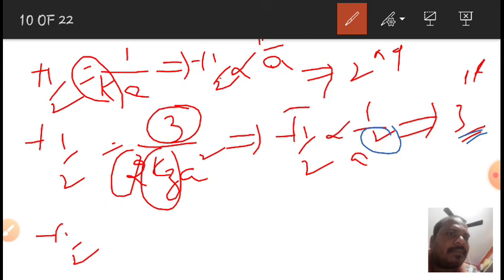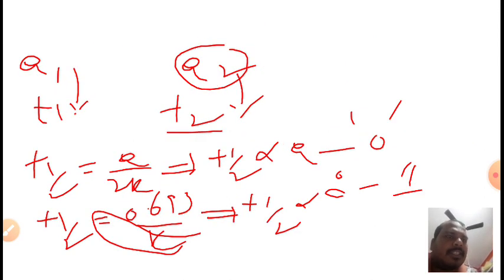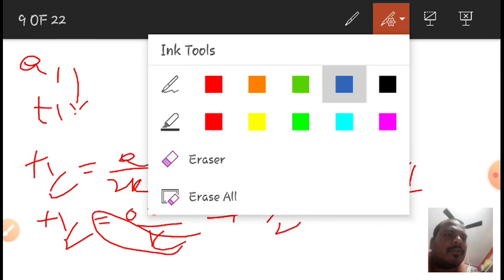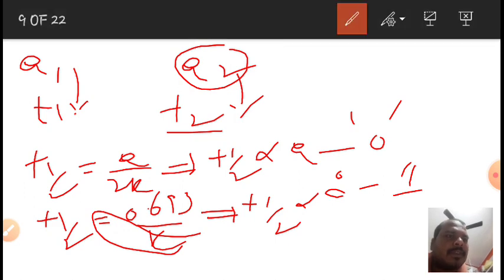For second order the power is 1, whereas in case of first order it is 0, and in case of zero order it is A to the power of 1.